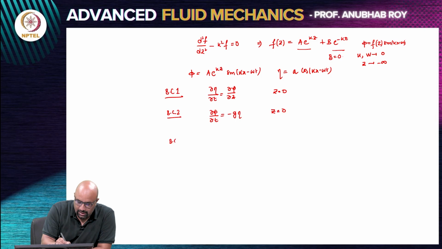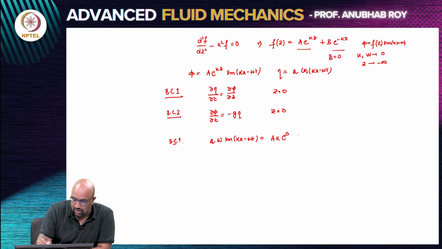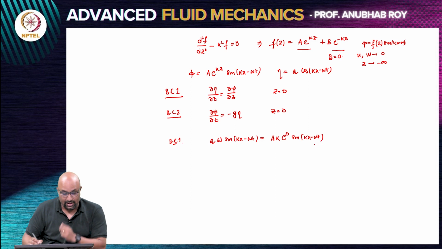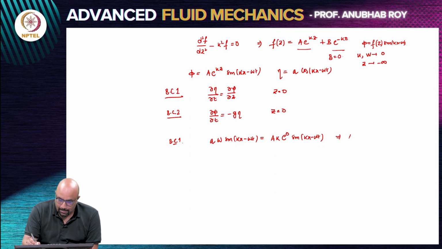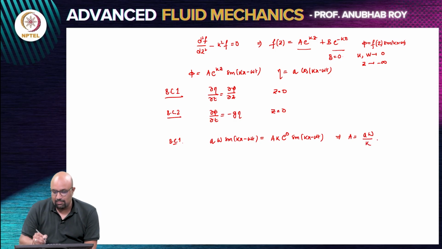Using boundary condition 1, I have a omega sine kx minus omega t, and dou phi dou z is A k at z equals 0. So exponential of 0 sine kx minus omega t. So what do you obtain? You get capital A is small a omega by k.